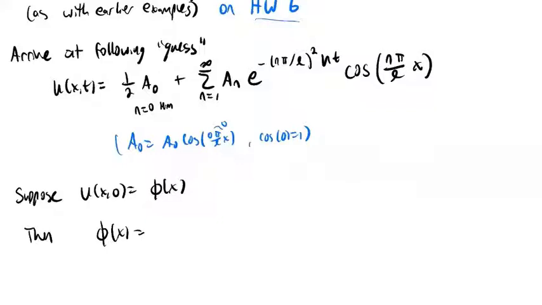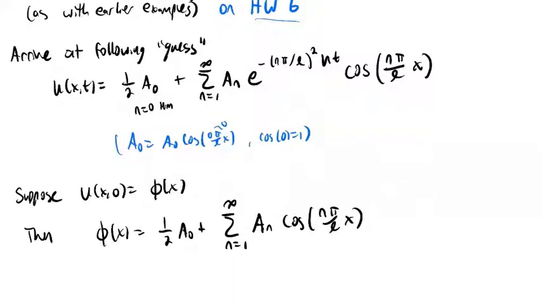And when I plug in t equals 0 here, I get e to the 0, which is just 1. So I get 1/2 a0 plus the sum from n equals 1 to infinity of a_n times cosine of n pi over Lx. And so this is called a Fourier cosine series.